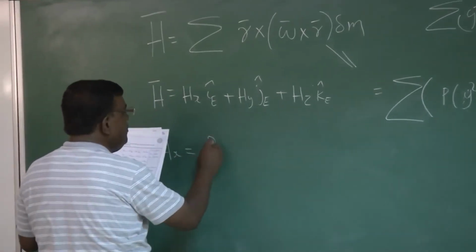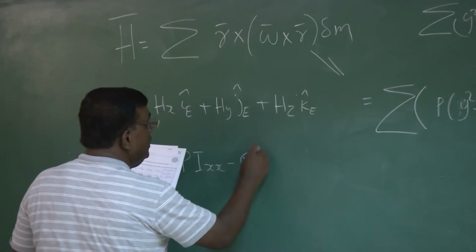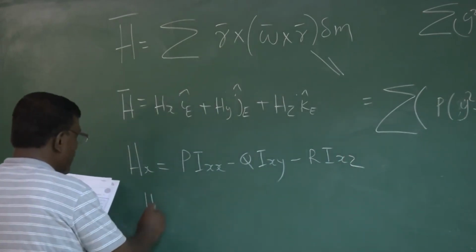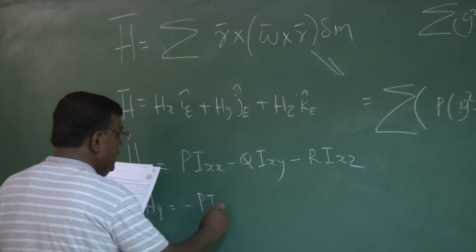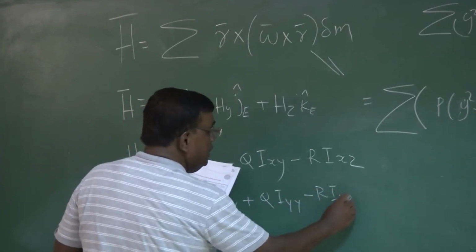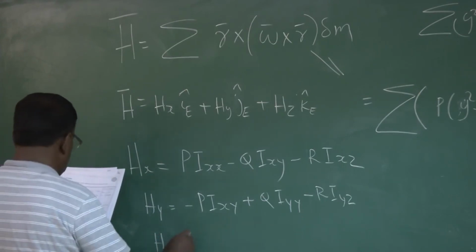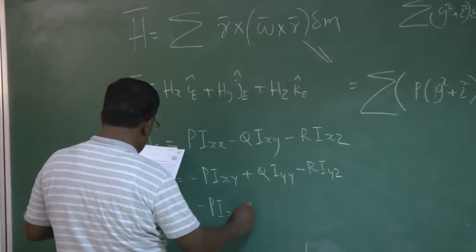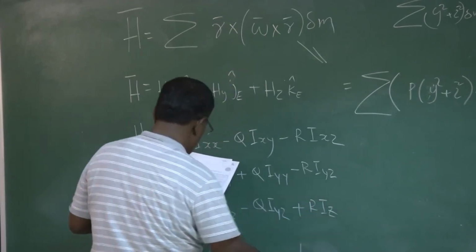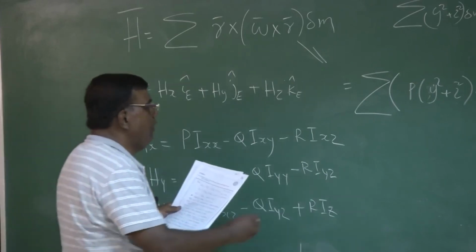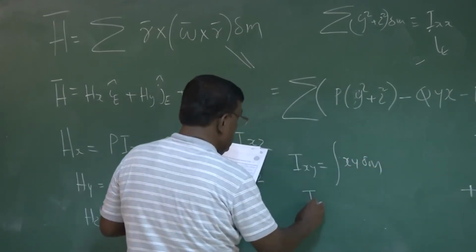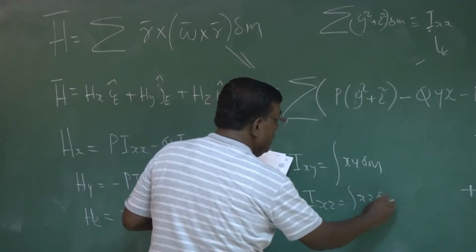So you will get P Ixx minus Q Ixy minus R Ixz, and Hy as minus P Ixy plus Q Iyy minus R Iyz, and Hz is equal to minus P Ixz minus Q Iyz plus R Izz, where Ixy is the integral of xy dm, Ixz is the integral of xz dm, like that.